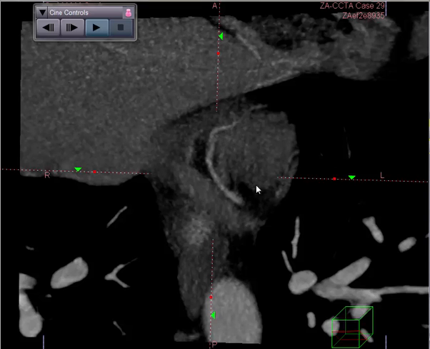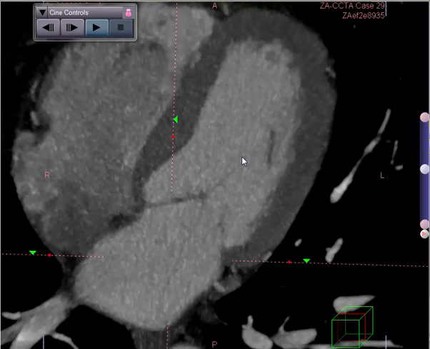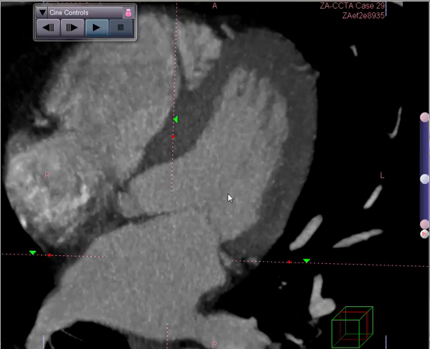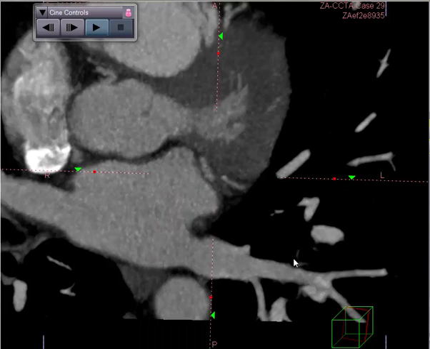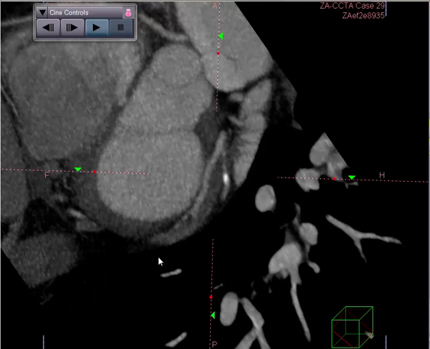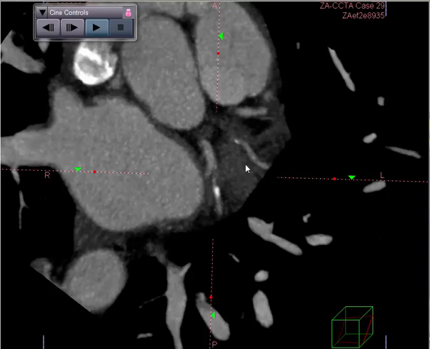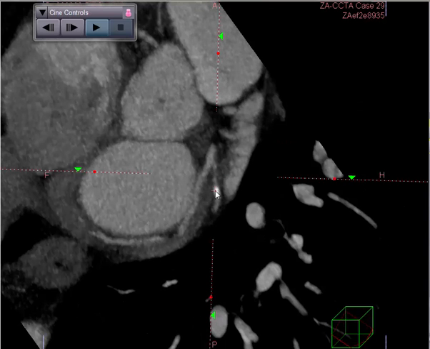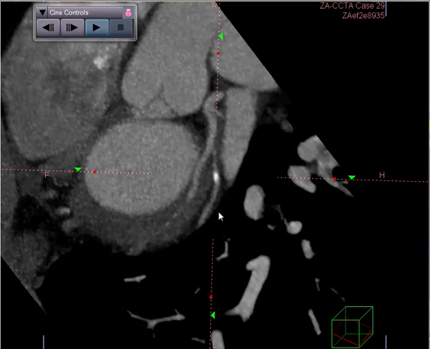But let's return back to the other question that we had just a little bit previous to this, which is looking at the obtuse marginal. So here we are at the obtuse marginal, and this vessel appears to have clearly obstructive disease right at the ostium of the obtuse marginal, with what appears to be probably non-calcified, possibly mixed plaque, followed by some calcified plaque just distal to that, and then relatively good distal opacification.